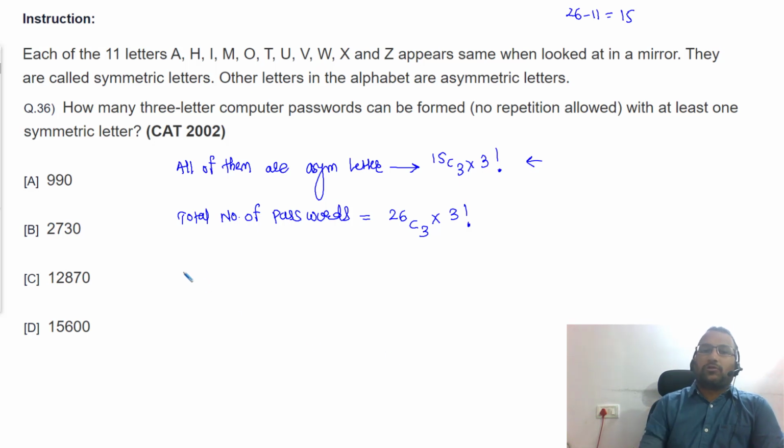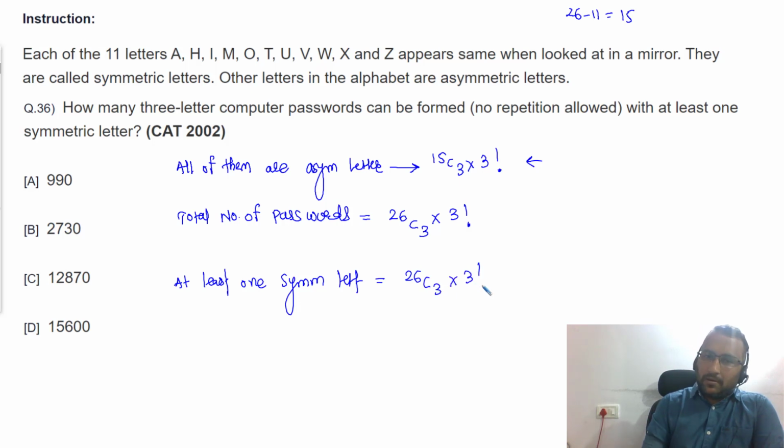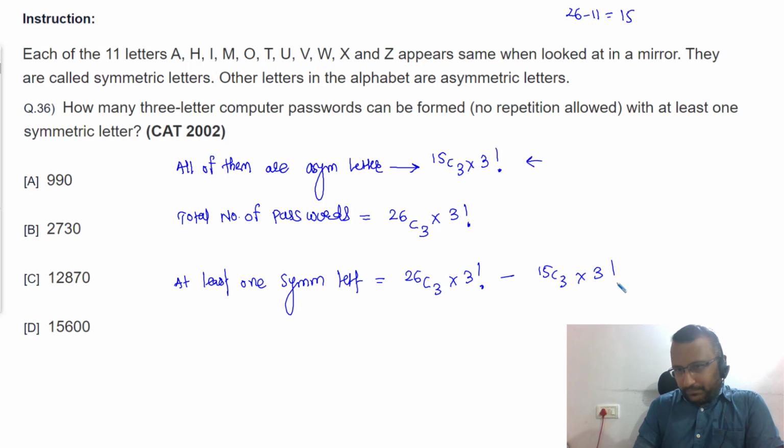So now what is our question? We want at least one symmetric letter. So our answer is going to be how much? Total number of passwords is equal to 26C3 into 3 factorial minus the number of passwords in which none of the letters is symmetric, that is 15C3 into 3 factorial.